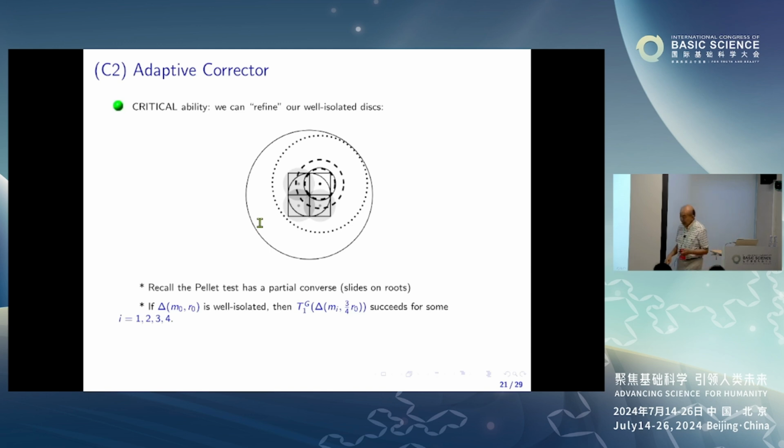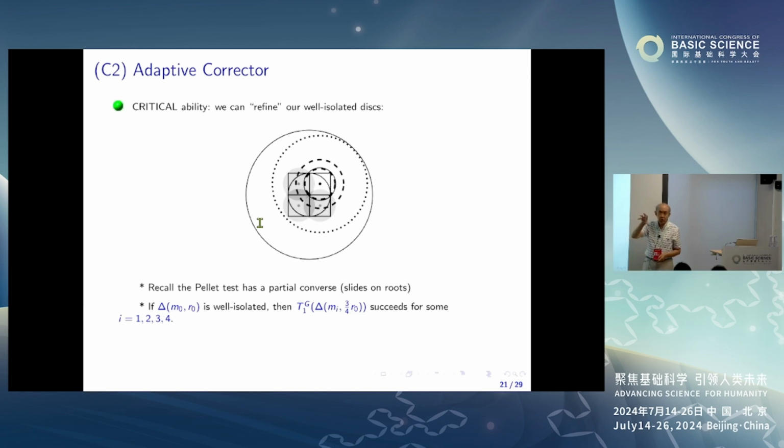For instance, if this circle is a well-isolated disk tracking your root, there are no other roots in the circle three times as big. Suppose you say, well, I want to shrink my well-isolated disk. Well, you can do a simple subdivision. You form a circumscribing square of your disk, split it into 4 sub-squares, take the center of each sub-square, and do a Pellet test on each one of these smaller circles.